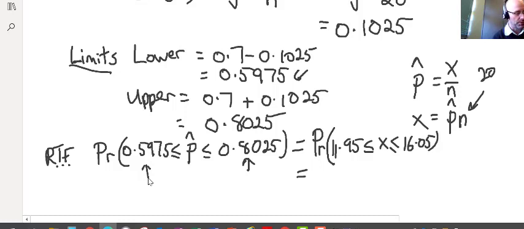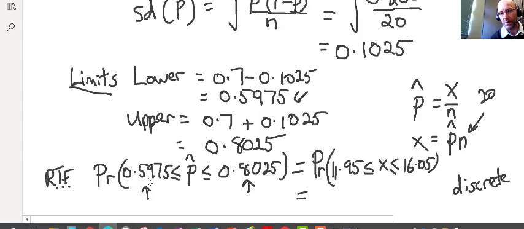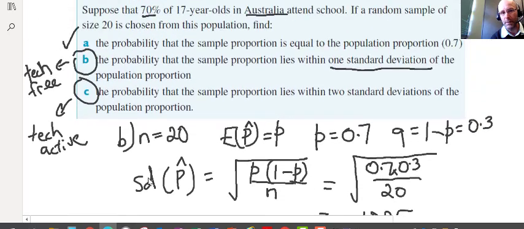Okay, so we're talking about discrete values. And we're looking at the question itself. What are we measuring? The number of successes or fails in a sense, because it's effectively a Bernoulli trial.